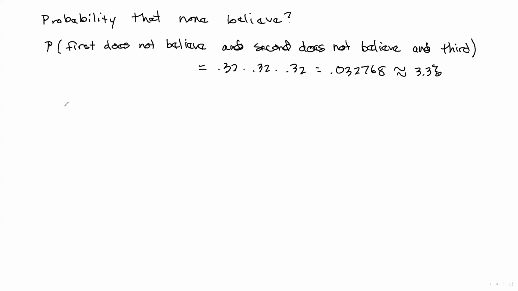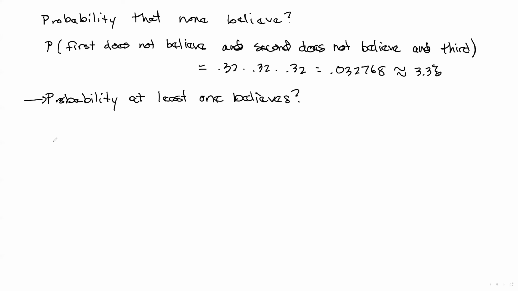And then what's the probability at least one believes? This is actually a really important example because this type of probability, that at least one thing happens, occurs all the time. It's a very regular type of probability to calculate, and so it really should be in your toolkit.